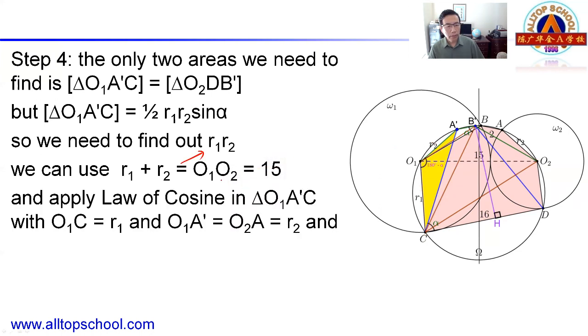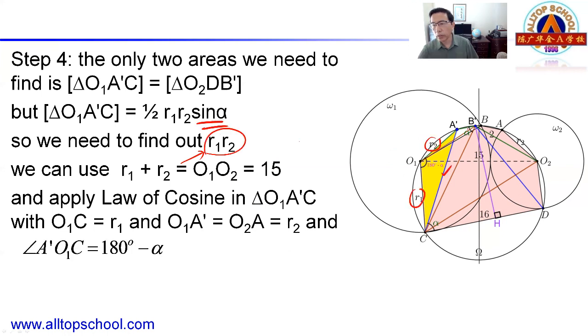From here, we can apply the law of cosines in this triangle. Earlier we already calculated cosine alpha, so certainly sine alpha too. Using the law of cosines with R1 plus R2 equal to 15, you can eventually find the product of R1 R2. All right, that's the whole set of steps.